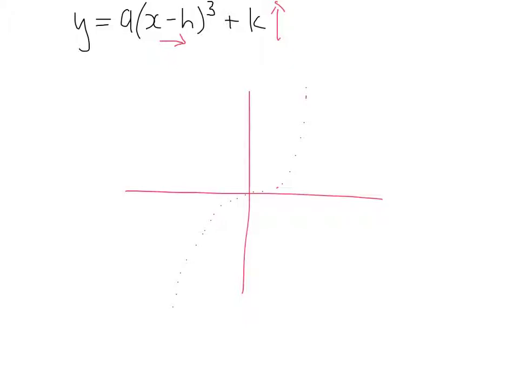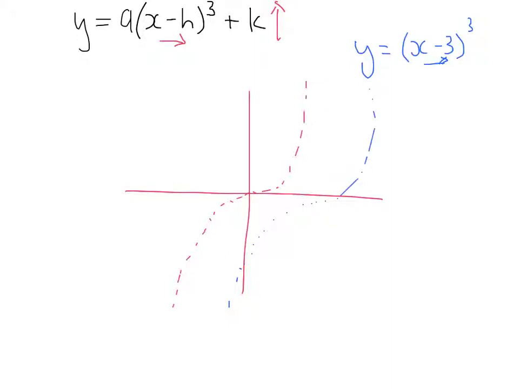If we were to have a graph of y equals x minus 3 cubed, what we have there is a horizontal translation only, so it's going to shift it to the right by 3, so it would actually come across and look something like this. So it would be the same shape, but it's just been shifted across by 3.